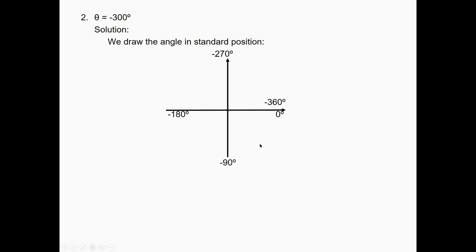Number 2, theta is negative 300 degrees. Again, we draw the angle in standard position. It's less than negative 360 in size, so we didn't go around more than once. Let's see, negative 90, negative 180, negative 270. So somewhere in here is negative 300. This is the reference angle. Now with negative numbers, you've got to kind of think backwards. Remember, negative 300 is bigger than negative 360.